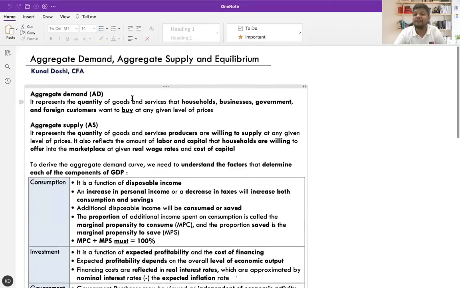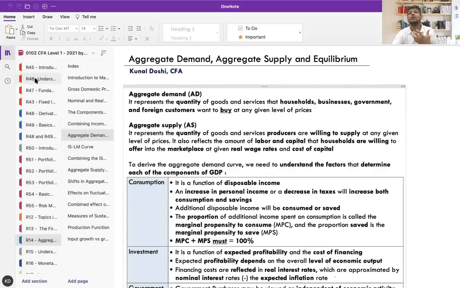What are the effects when there is an increase in demand, a decrease in demand, an increase in supply, a decrease in supply? What is the effect on the economy, and how is it related to two major things in the economy? What are the two major things that we are going to focus on? GDP and price level. GDP means the total goods and services produced, and price level is nothing but inflation.